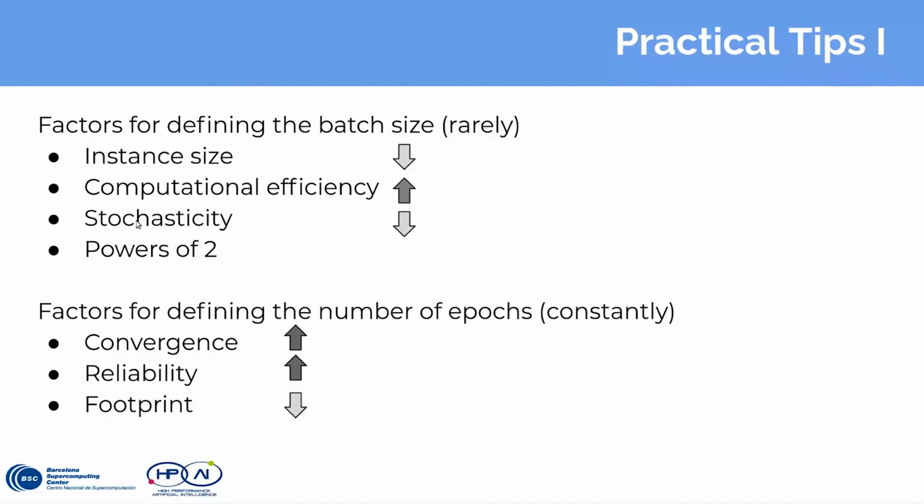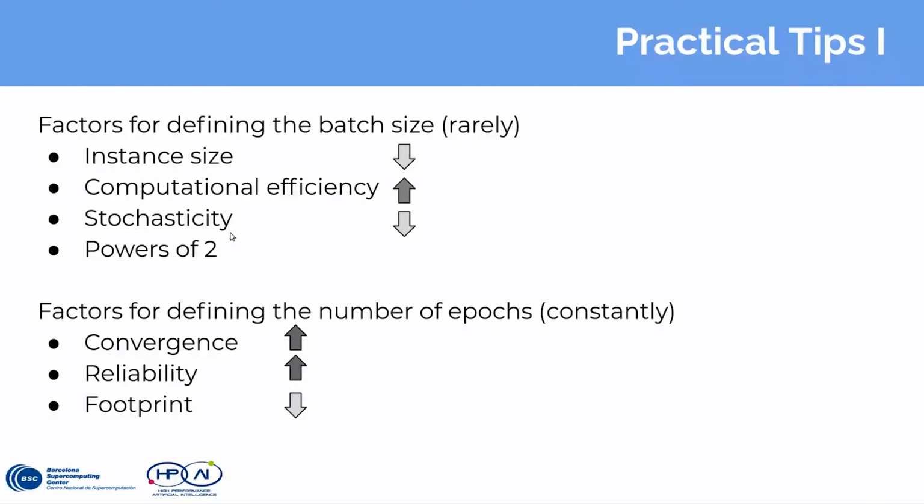There's the stochasticity also, a factor to take into account. The smaller the batch sizes, the more random is the behavior of the neural network, because it's not seeing all the samples at once, it's just seeing a subset of it. So we cannot really predict the particular properties of this small subset compared to the general population.